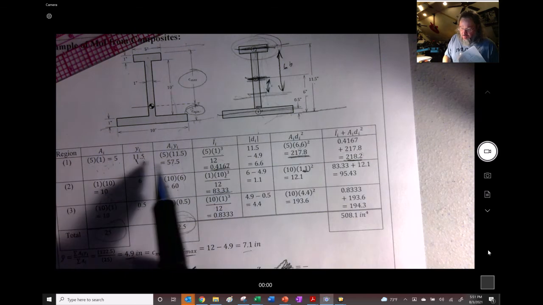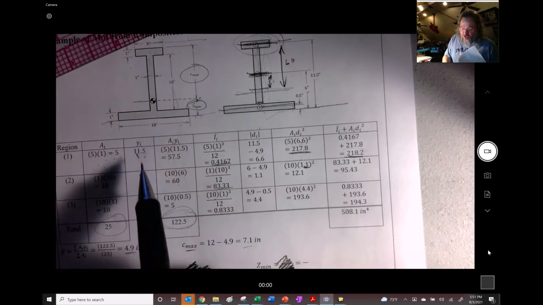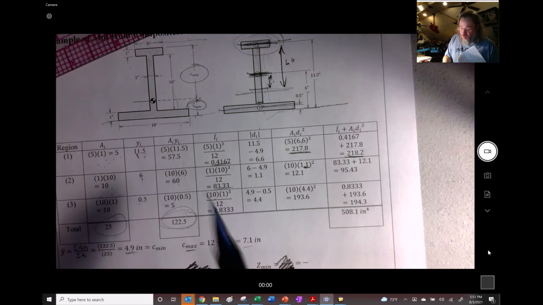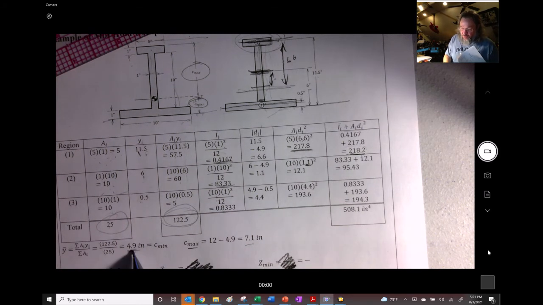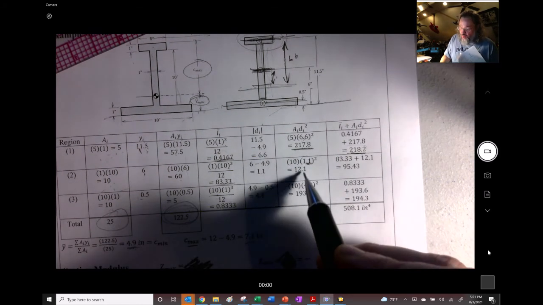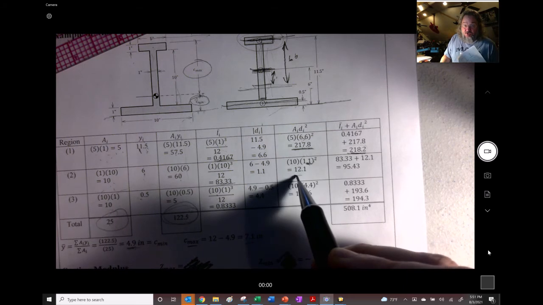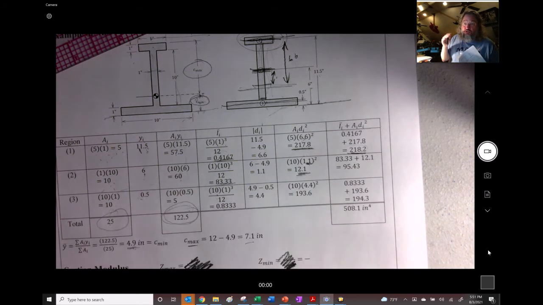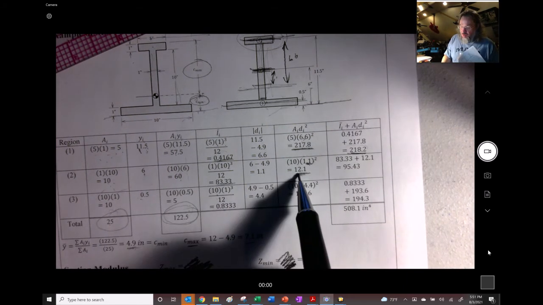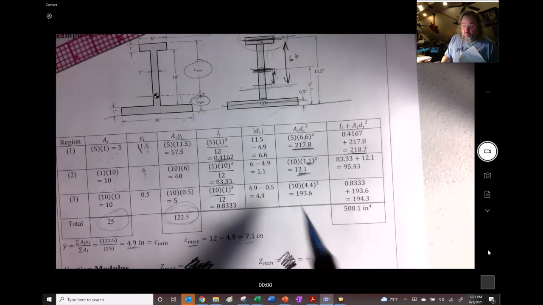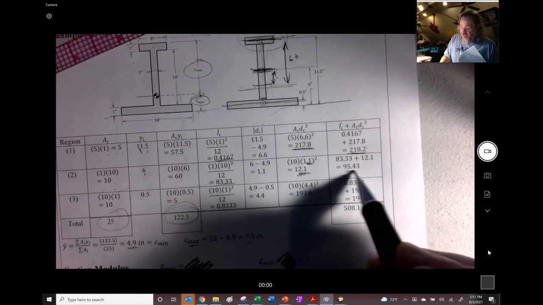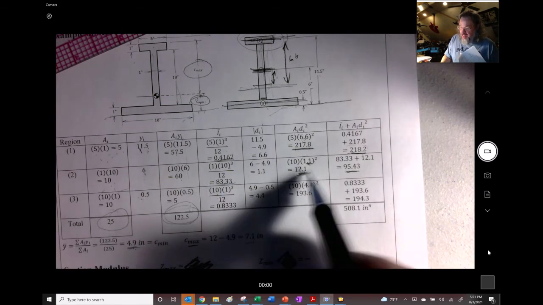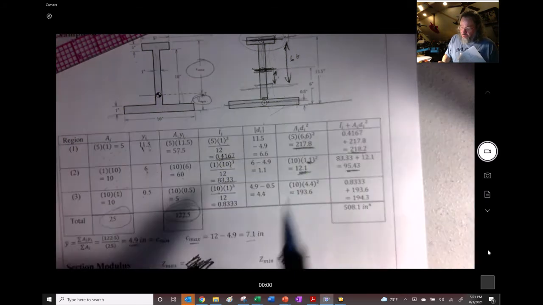I believe the center of it is 6, but we needed to move it 4.9. That ends up being the 1.1. That's squared. So here its contribution due to it having to move is relatively small because it doesn't move very far. And we add them together. And so here is that plus that. We end up getting this.